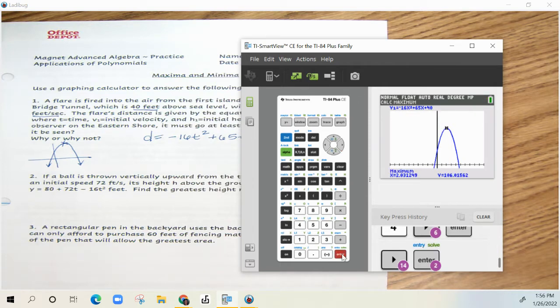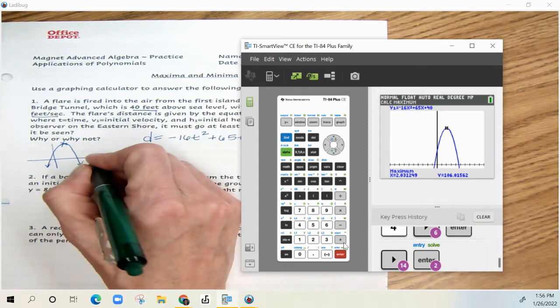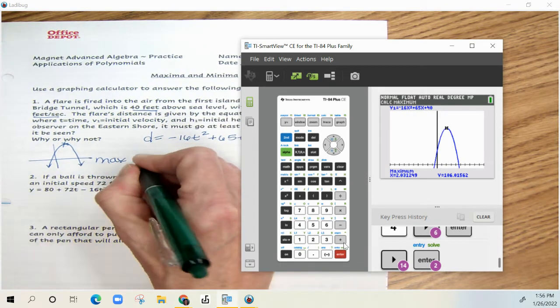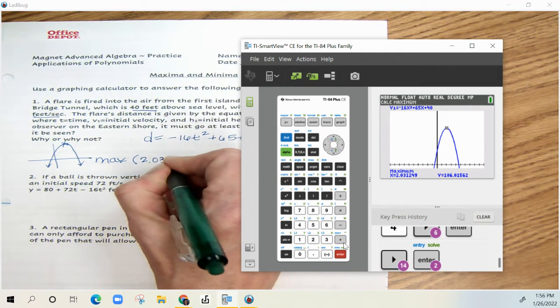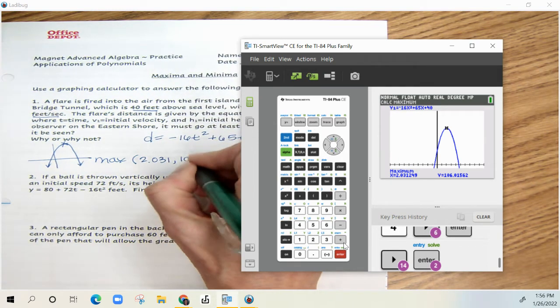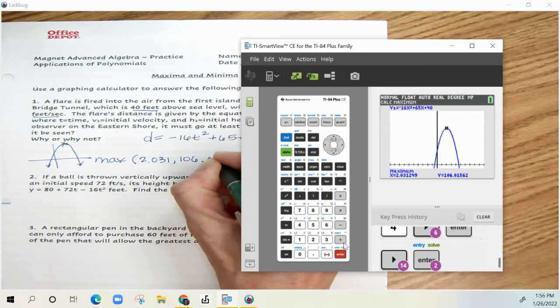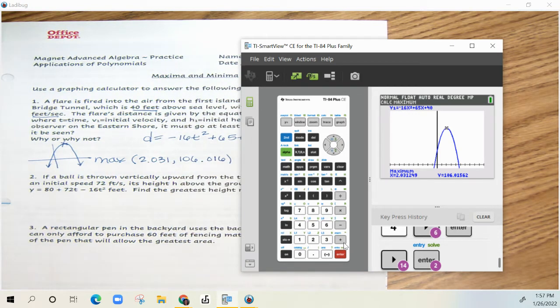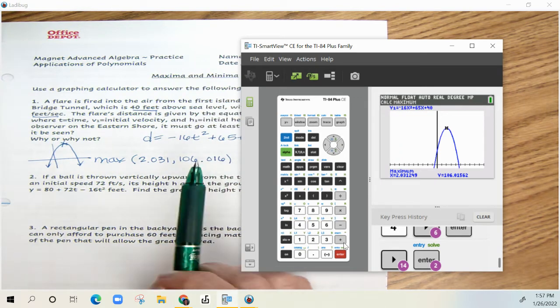It says guess, just hit enter. Okay, so then I'm going to write down that maximum point, 2.031, comma 106.016, 3 decimal places.